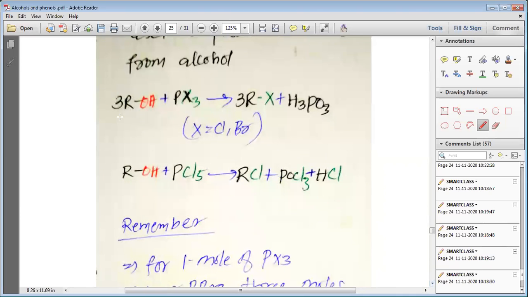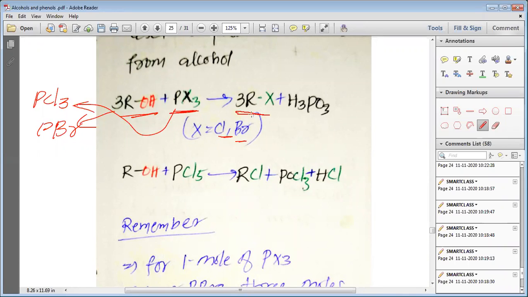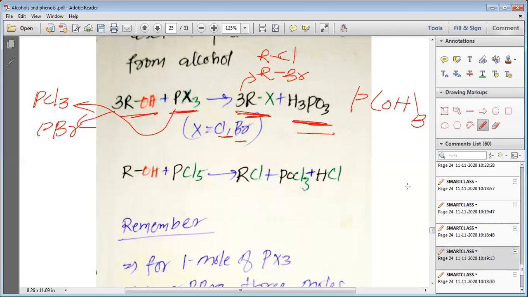If you have an alcohol ROH and you take PX3, where X is Cl or Br, so it can be PCl3 or PBr3, you get 3RX. That RX can be RCl or RBr. At the same time, H3PO3, which can also be written as P(OH)3, this phosphorous acid is also produced.